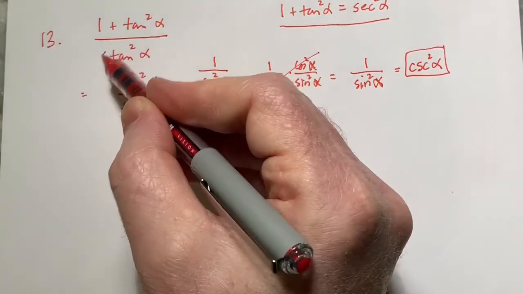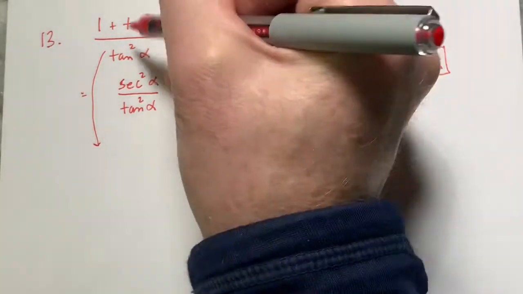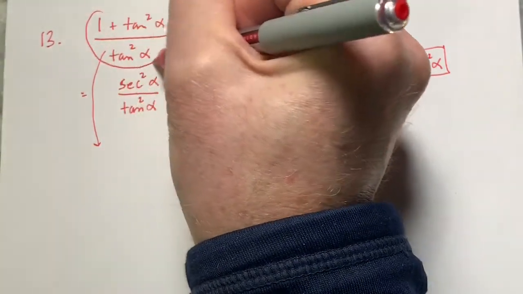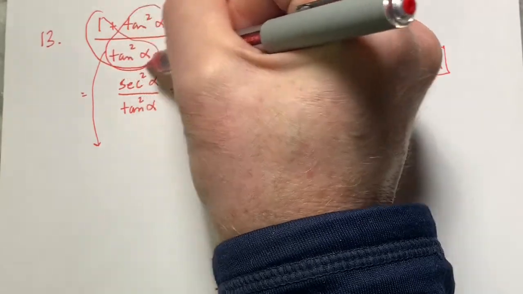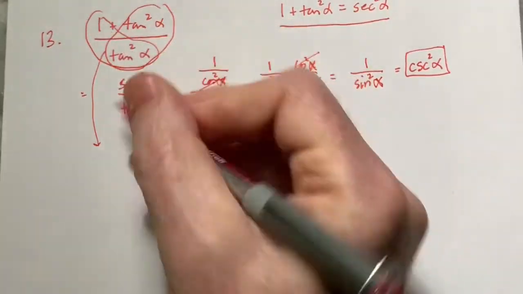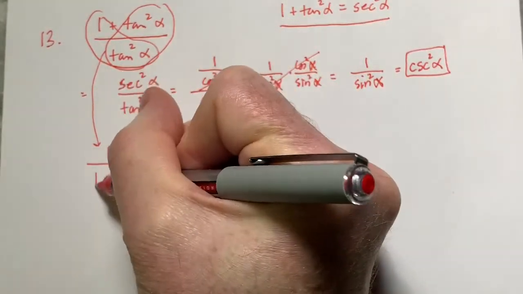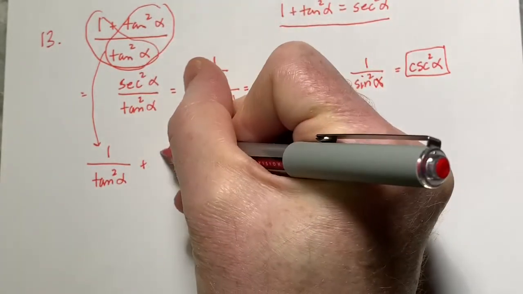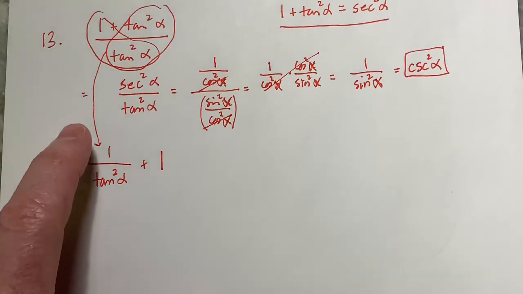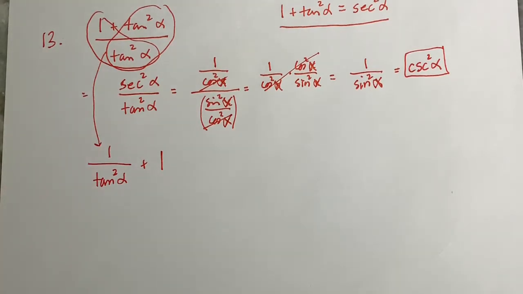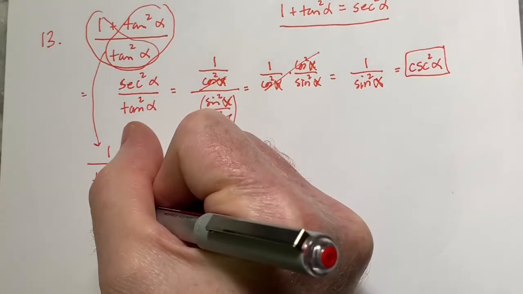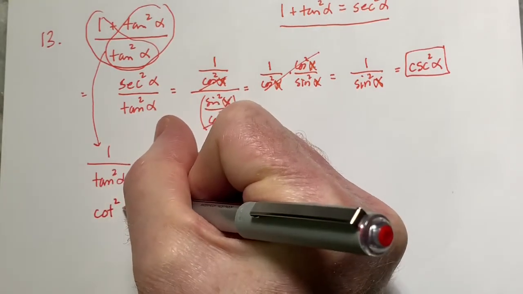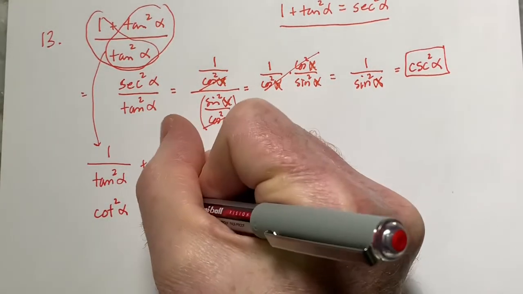Another way is to take this original problem and think about it as 1 over that plus 1 over this. If I put 1 over tangent squared, and a lot of people don't even write this, but I'm going to write it for you, and then tangent squared over tangent squared is 1. And tell me, what is 1 plus tangent squared? 1 plus tangent squared is cotangent squared. Are you with me?